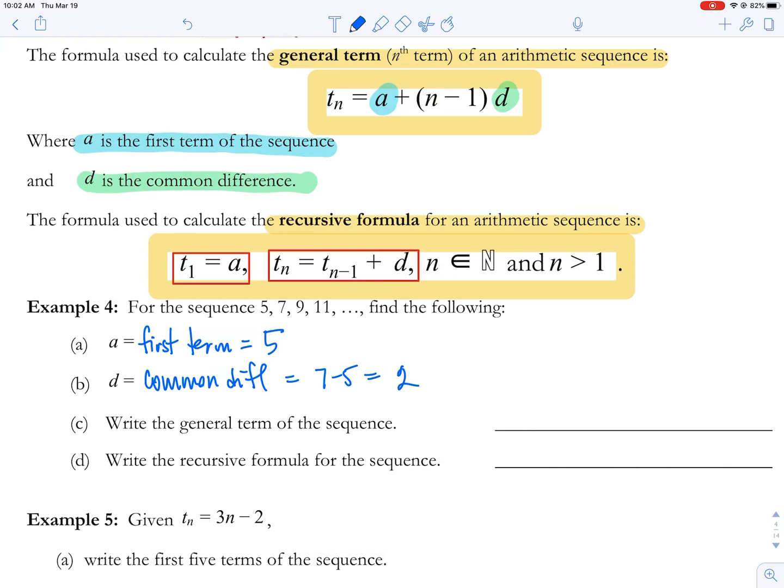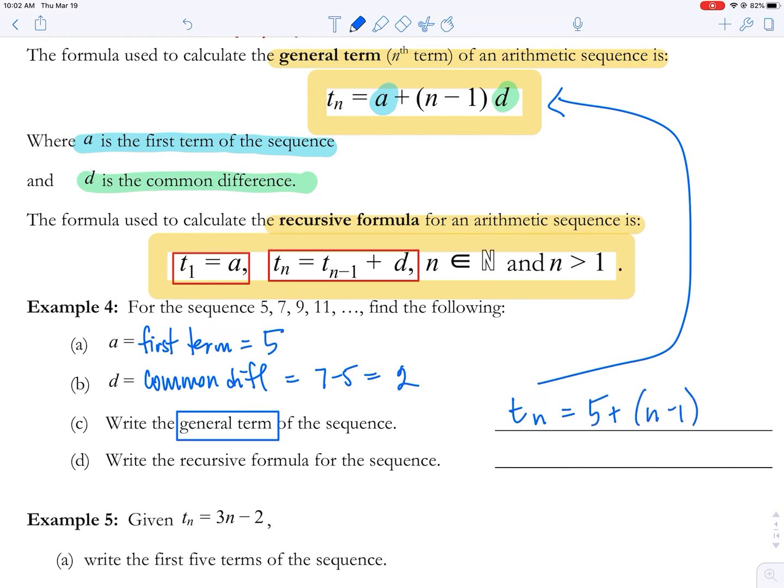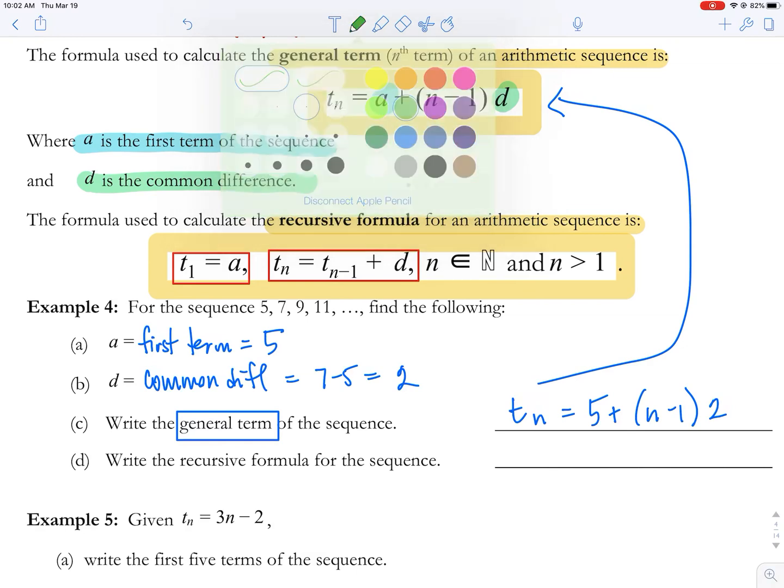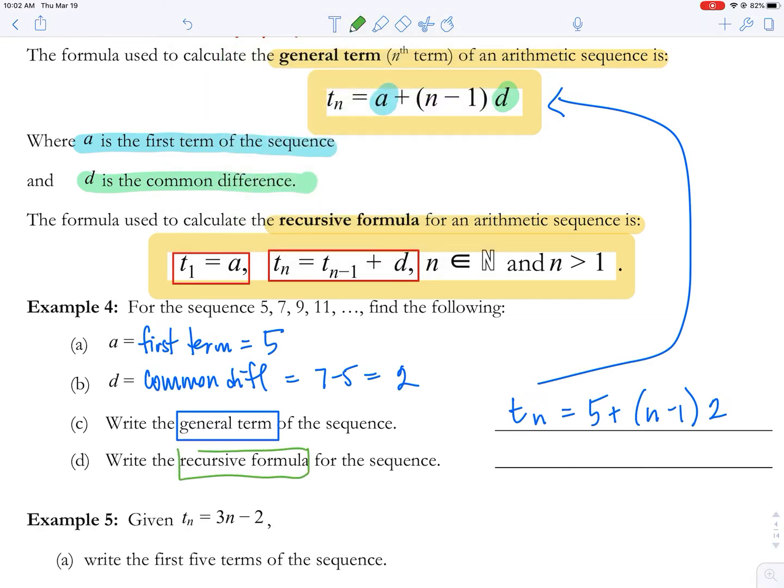And if we were going to write the general term, Tn, I'm going to use this formula up top here. So it's going to equal 5 plus n minus 1 times 2. And if I'm going to write the recursive formula, I have to say what I start at.